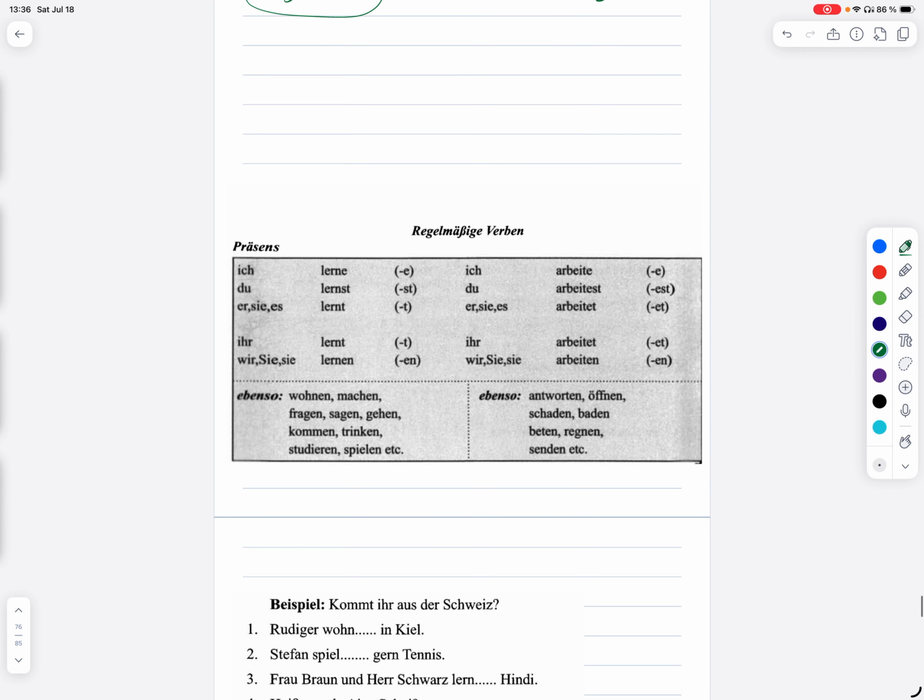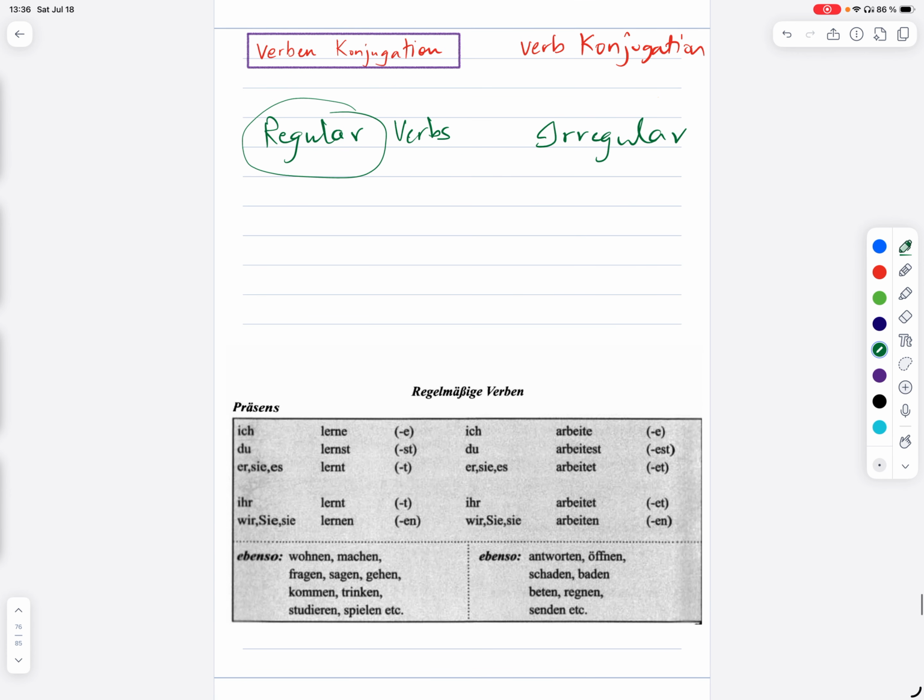In the table below you can see we have different kinds of subjects for the first person, second person, and third person. Here we are looking only at the regular verbs, regelmäßige Verben. Regelmäßige means regular.